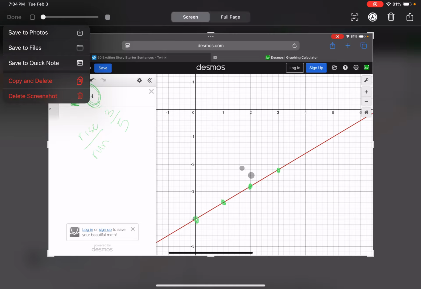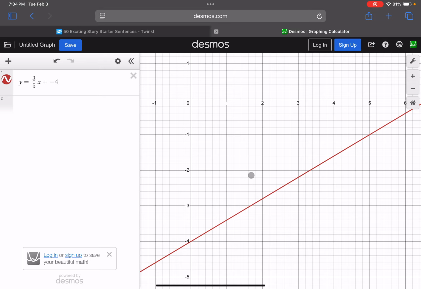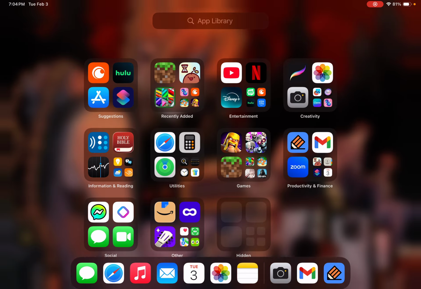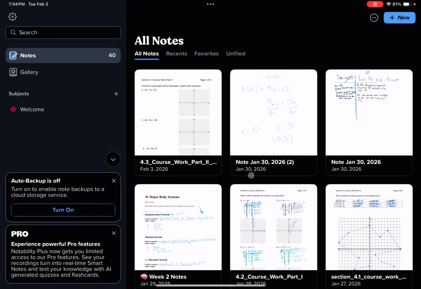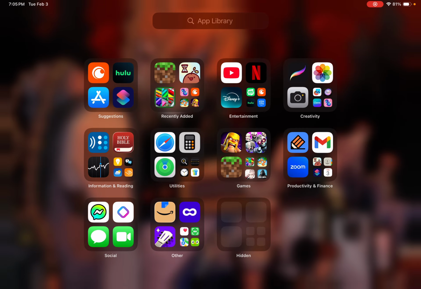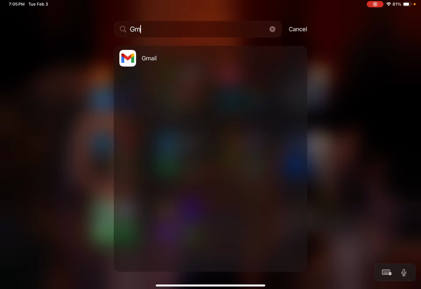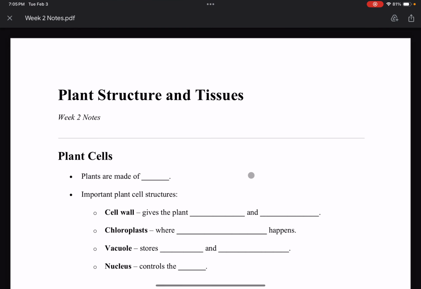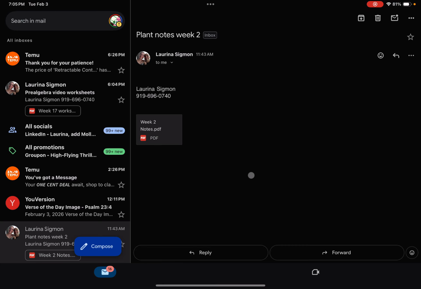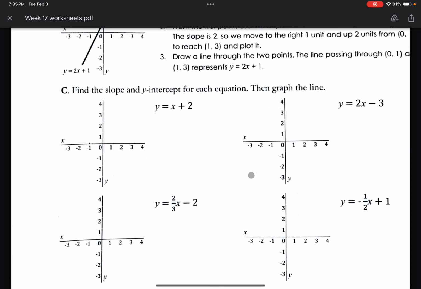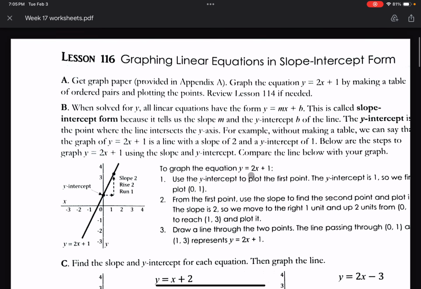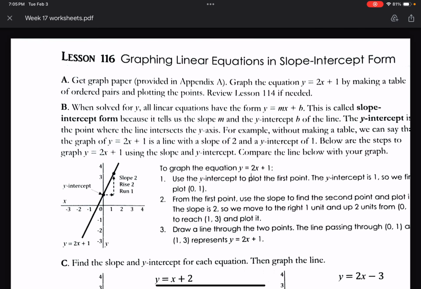So, delete screenshot. Let's go back to Notability. If we look at our homework, it says graphing linear equations in slope-intercept form.